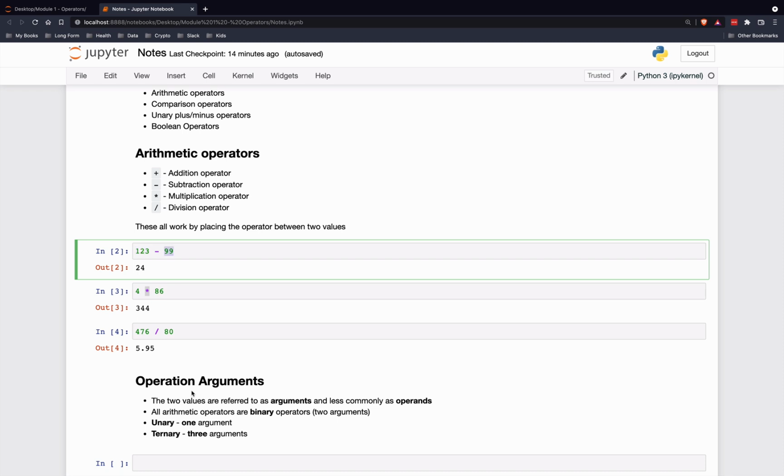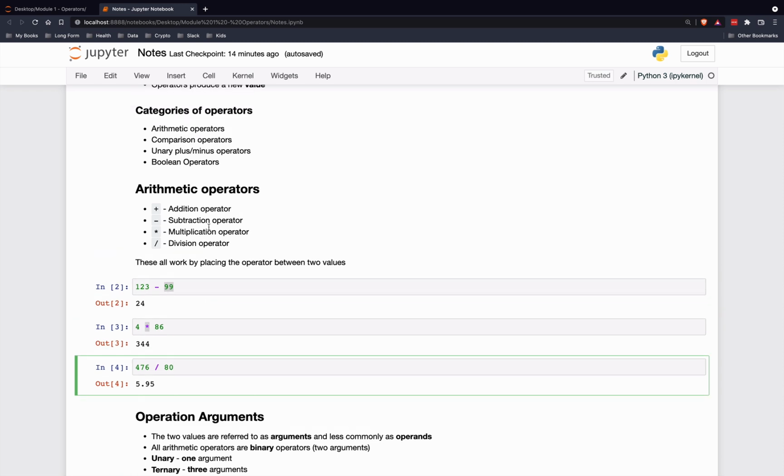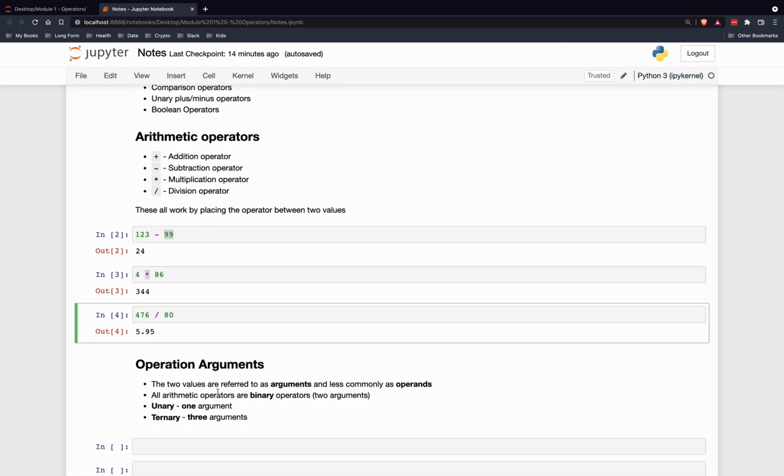There are some operators that have a single argument. We call those unary operators. And there are other operators that have 3 arguments, and we call those ternary operators. There's a single ternary operator in Python that will be discussed in a later module. Okay, so that covers arithmetic operators and a little bit of the terminology behind them.